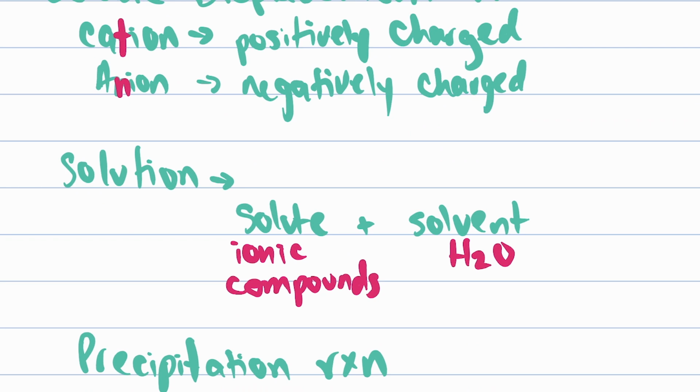So, a precipitation reaction would be a reaction in which we have 2 aqueous ionic compounds that will be generating or producing an insoluble product. In other words, in a precipitation reaction, a solid will form. Okay?